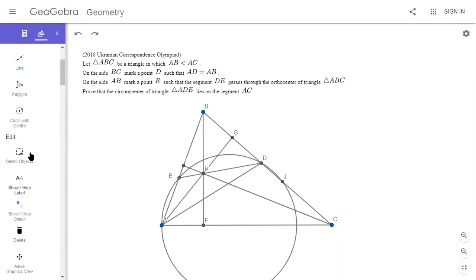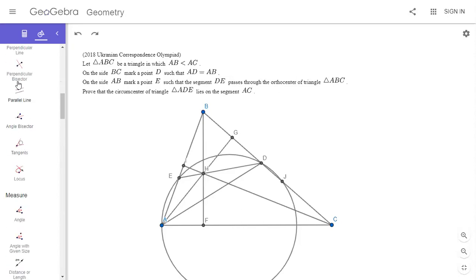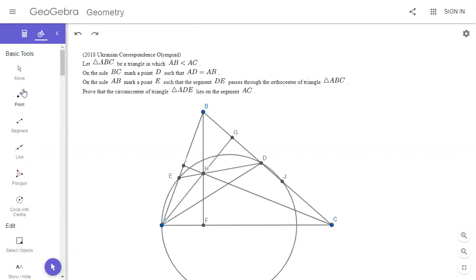Let me draw the perpendicular bisector of DE. Ah, that looks like it lies on, yeah, so basically, if we label this point, it's the midpoint of arc DE, right?